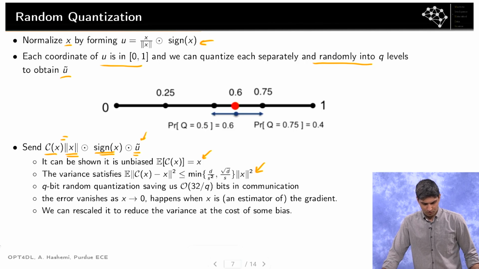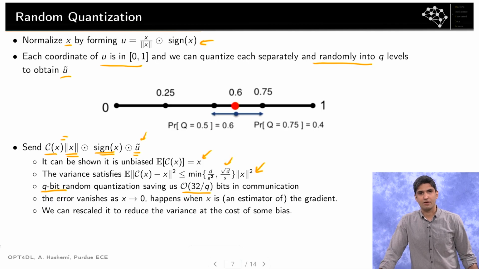If we use q-bit random quantization, we'll be sending O of 32 divided by q bits in the communication. The error is going to have a very good dependence on the size of the vector we are compressing as well as the quantization level.